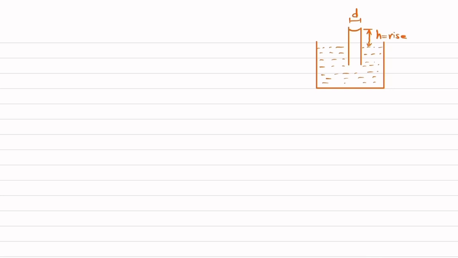Now this surface can be concave or convex, but here we will take this concave surface and analyze it. The concave surface which is formed in this tube is known as the meniscus. So I will write it here, meniscus.